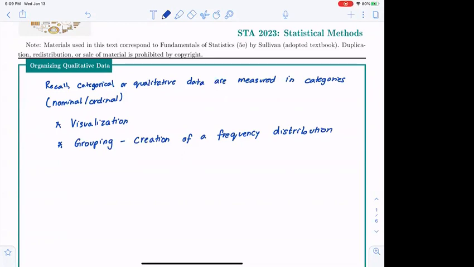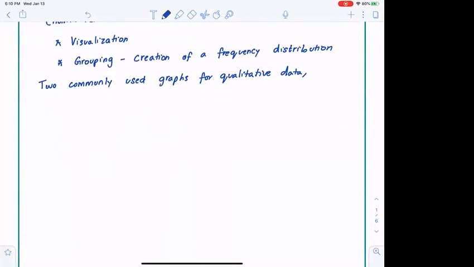Now, you probably know the two commonly used graphs for qualitative data are a bar graph and a pie chart.